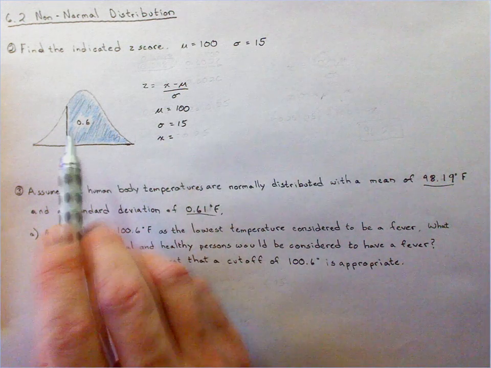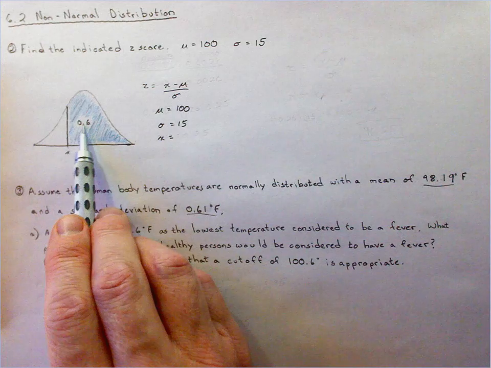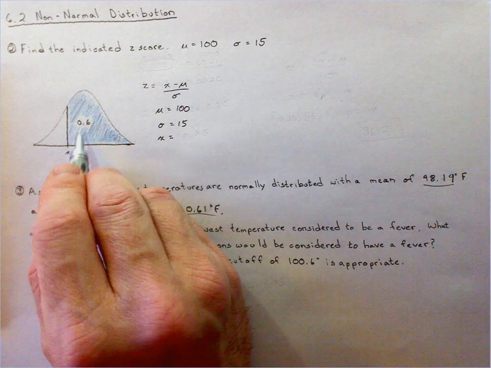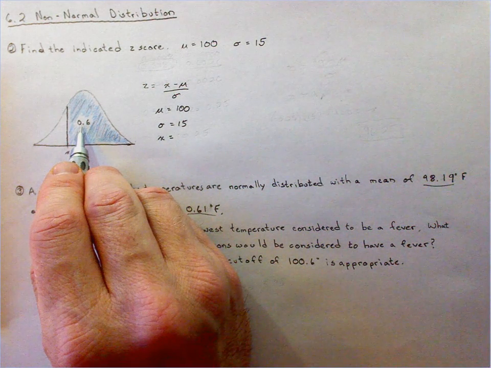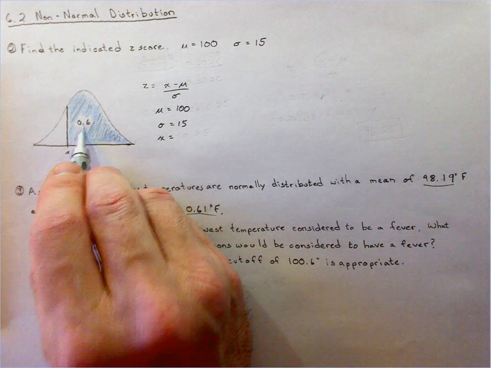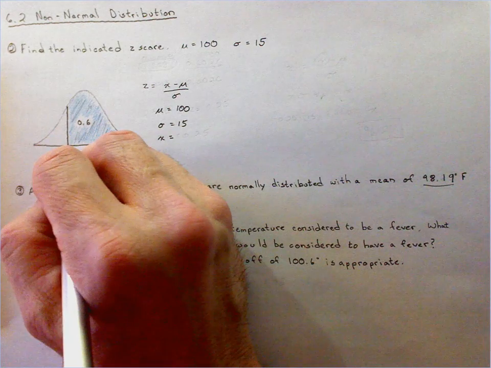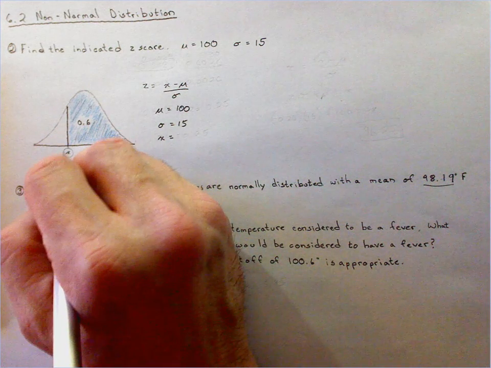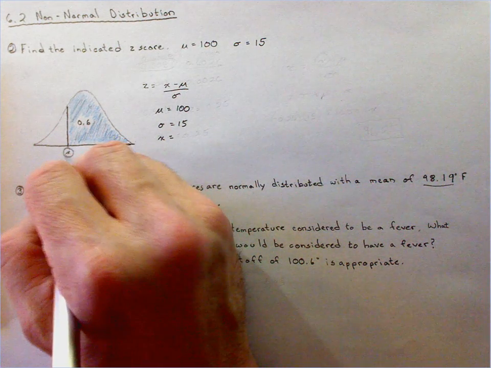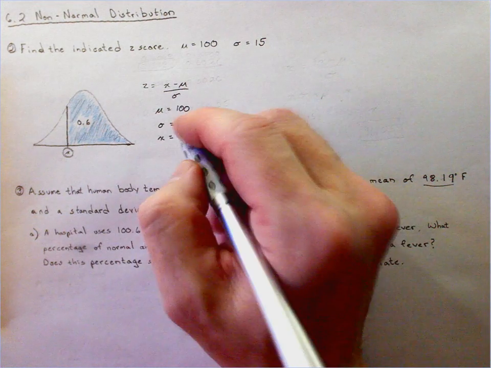What I'm going to do is take this area under the density curve, the probability, and find a z-score for it. What I'm trying to find is that x value, that IQ.